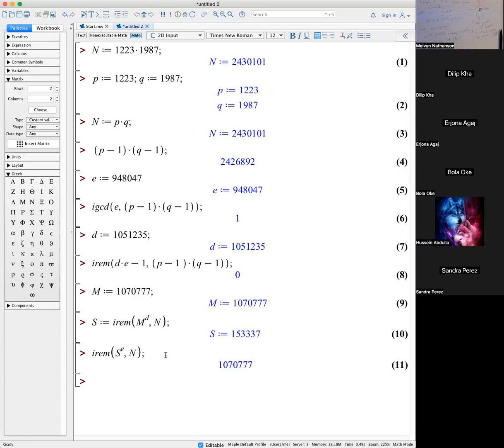Ah, it's equal to M. So the signature is valid.